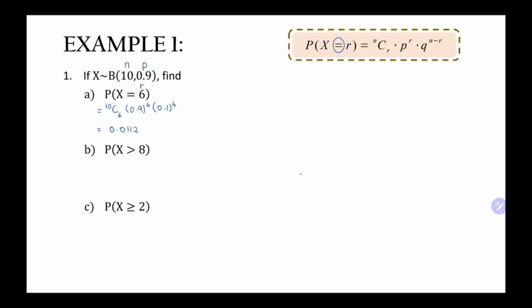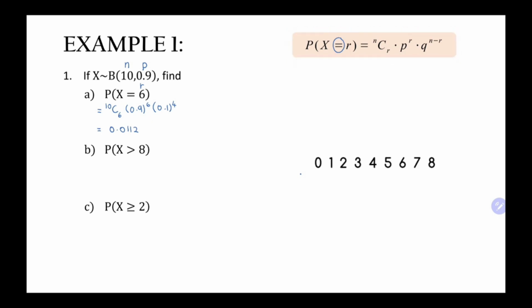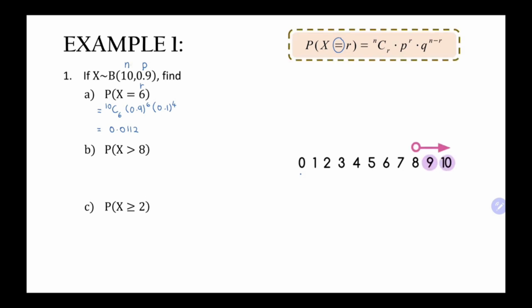Next question, we have P(X > 8). To use this formula, we need to change the greater sign to equal signs. So P(X > 8) means we have 9 and 10. Since our n is 10, we just take values 9 and 10.